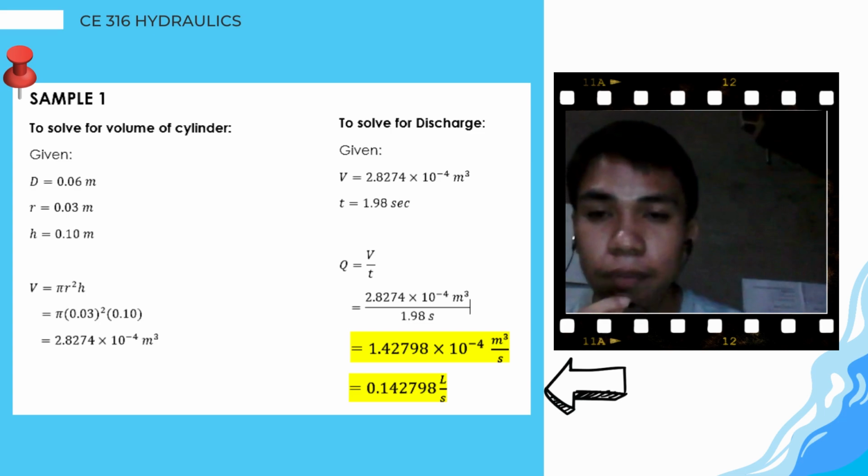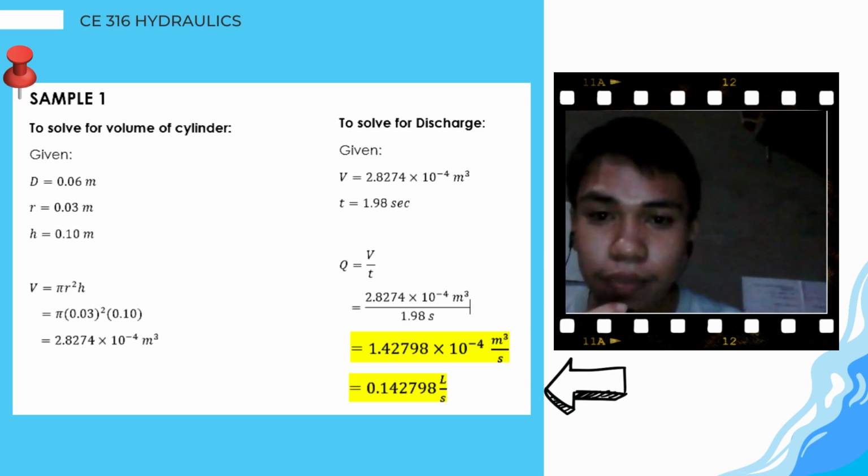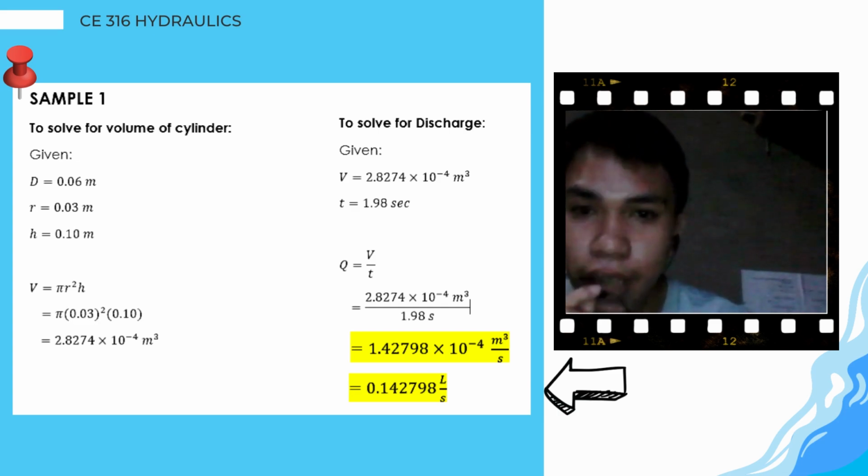In pursuit of solving the water discharge, we need to consider the time. In our case, the time is 1.98 seconds. To solve the water discharge, we just need to divide the volume over time.